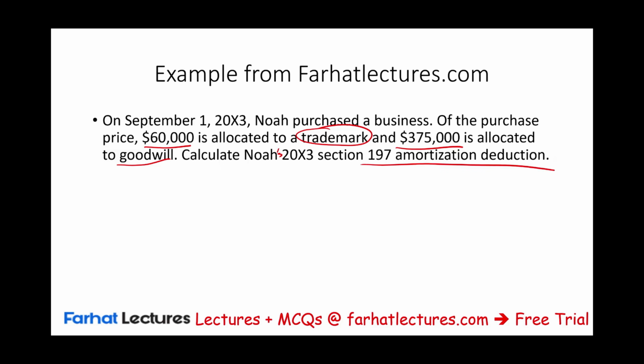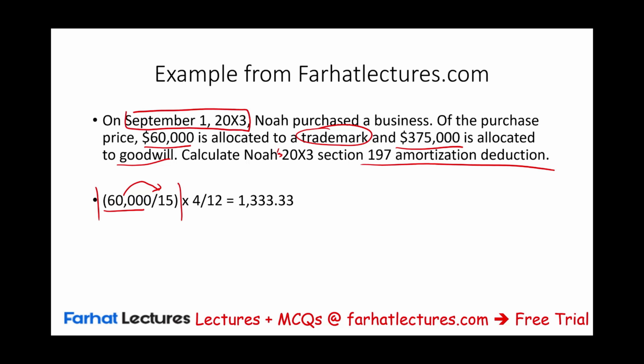Well, first Noah will take $60,000 divided by 15. That's his yearly amortization for this asset, for the trademark. But since we purchased this on September 1st, we're going to multiply this by 4/12. Therefore, for the trademark, we're going to take $1,333.33, assuming my computation is right.